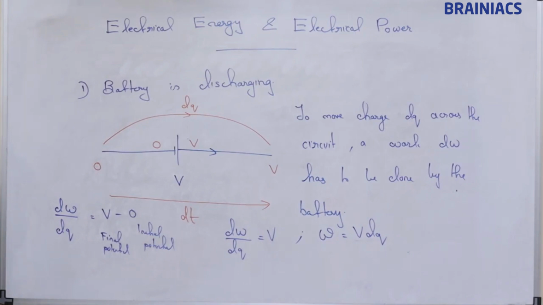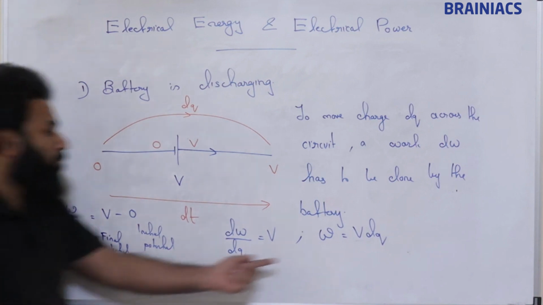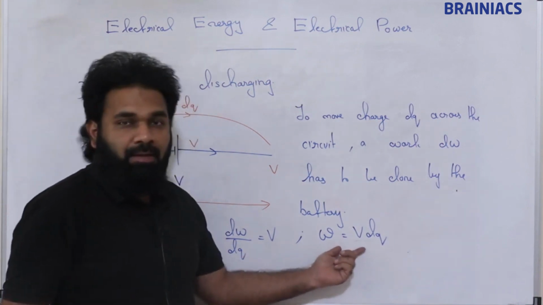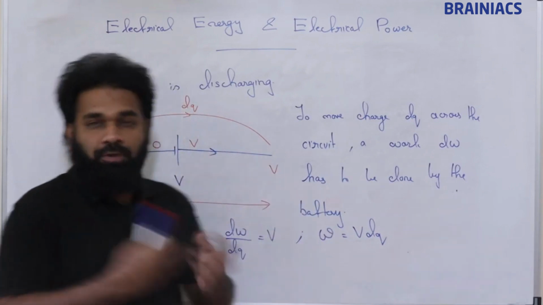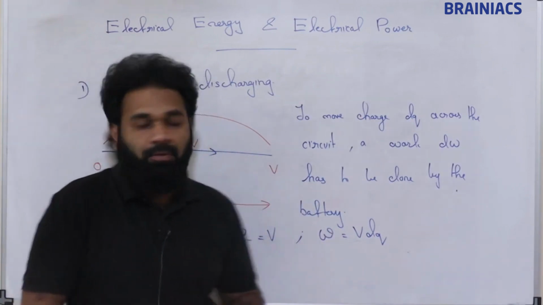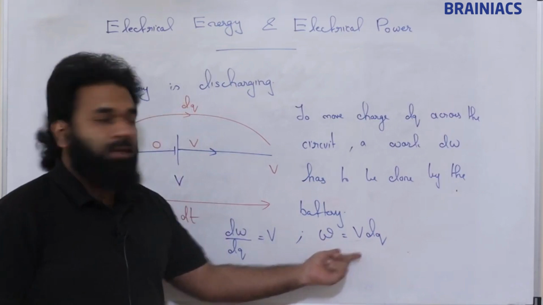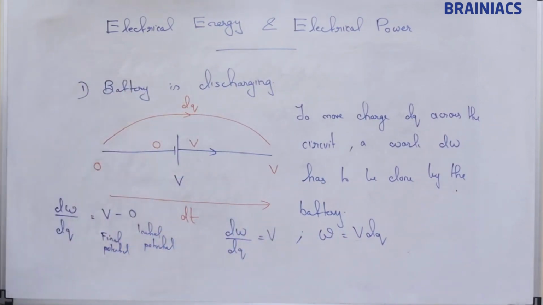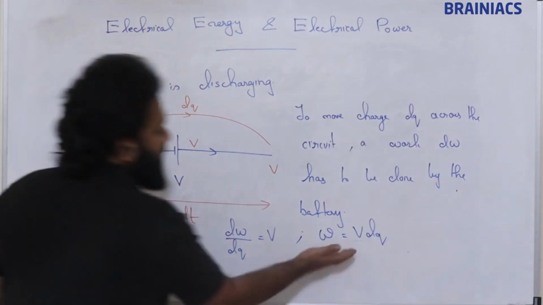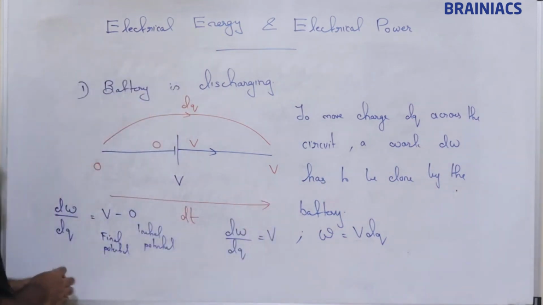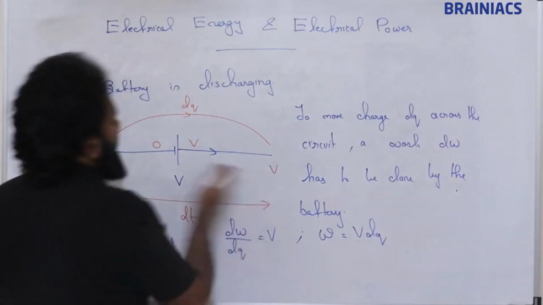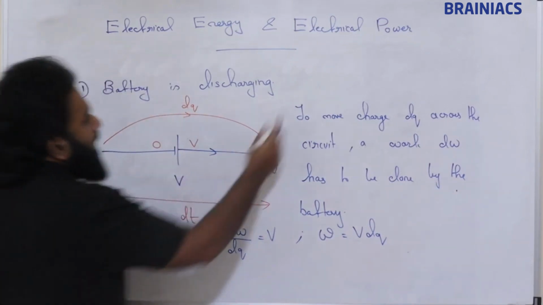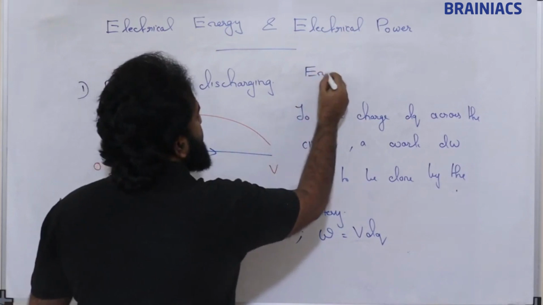Now how to find the power? Okay, so here in order to do the work, the battery will have to release some energy. In order to do this work, this battery will have to release some energy. So we can say this work done is nothing but the energy released by the battery.